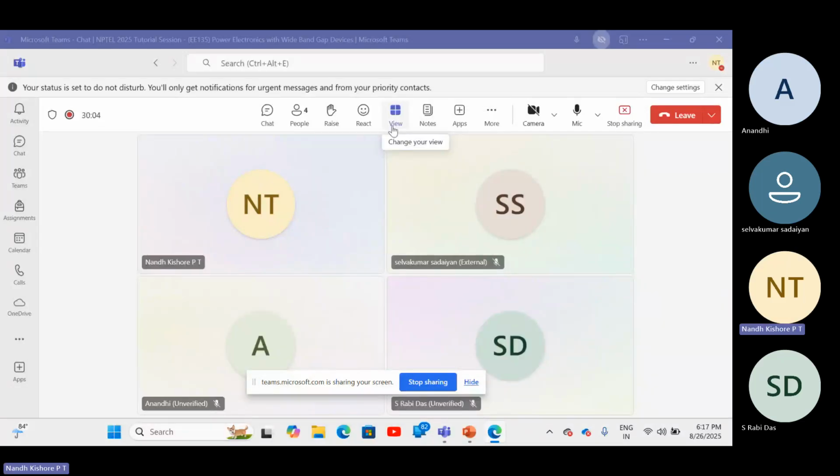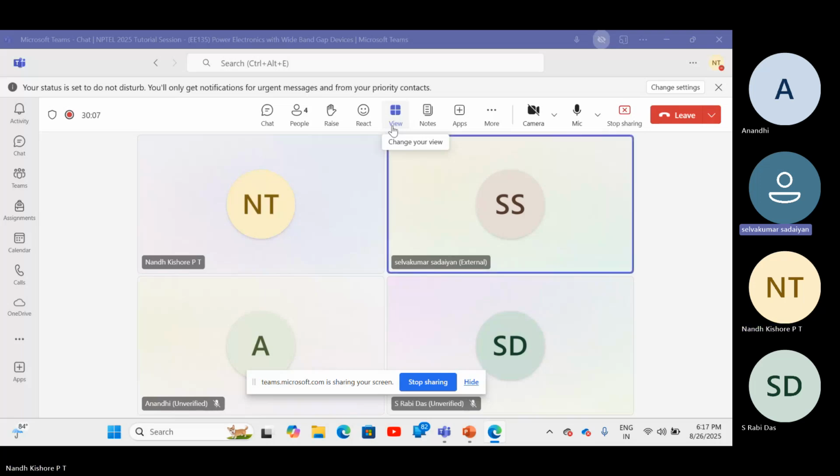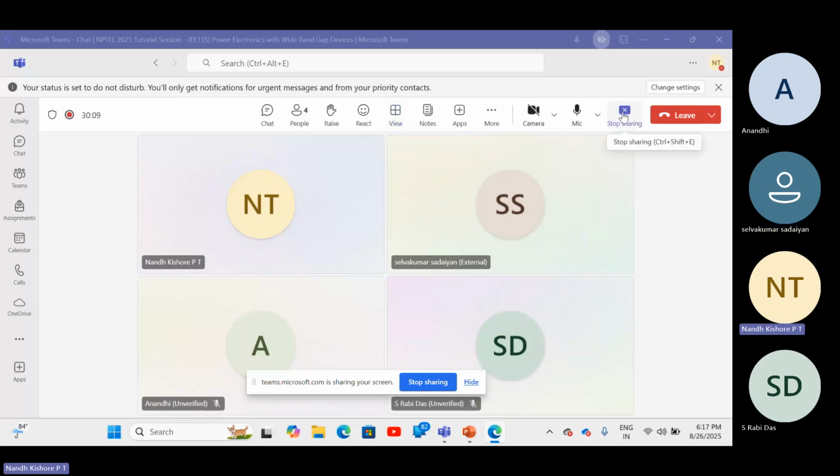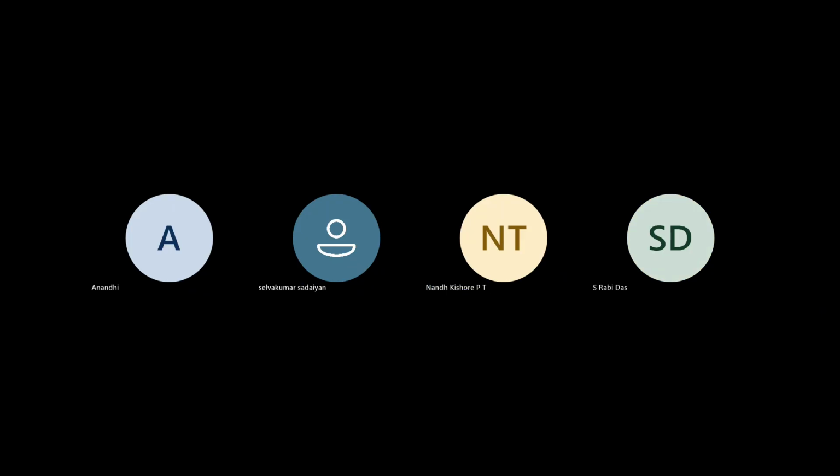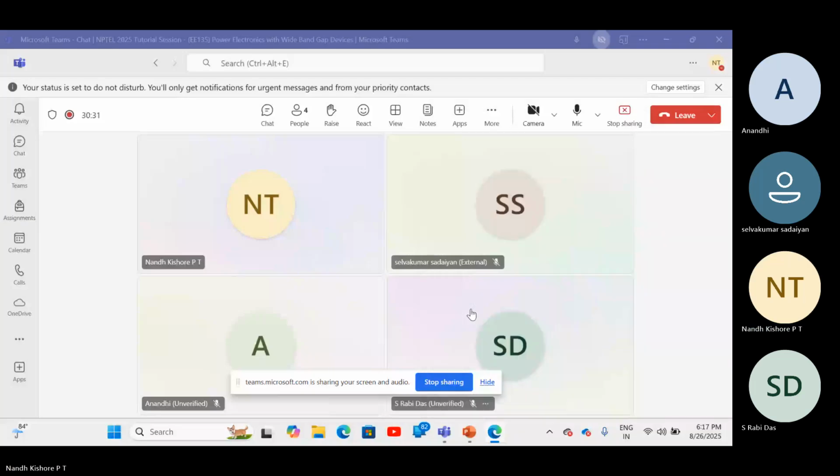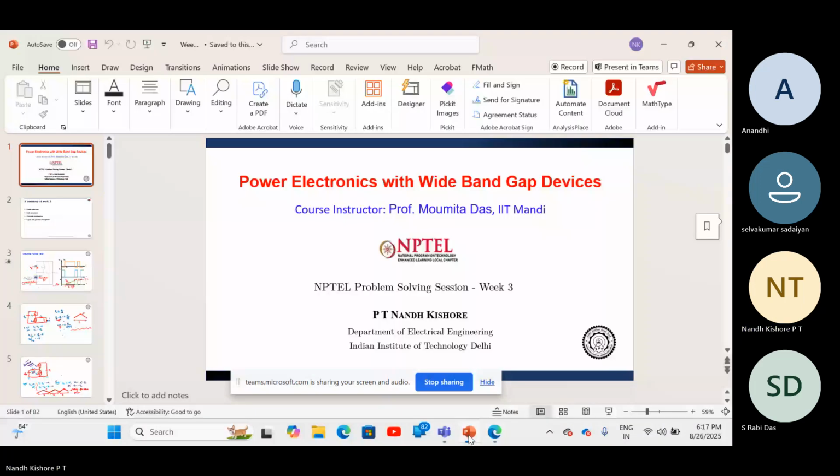Now is it visible? Now also it isn't visible. Now visible?